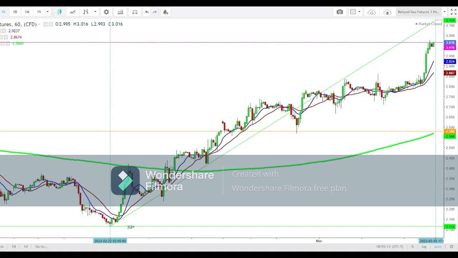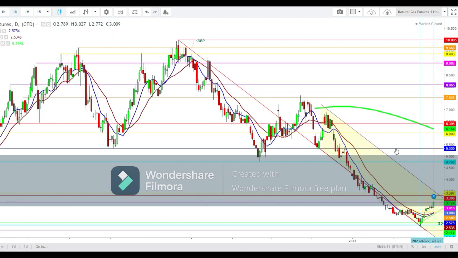So friends, now let's check this move in a daily time frame. Here in a daily time frame you can see that we have seen a steep fall after testing a peak on August 23rd at the levels of 10.005, from where the natural gas futures continued to remain under selling pressure till February 22nd, 2023.